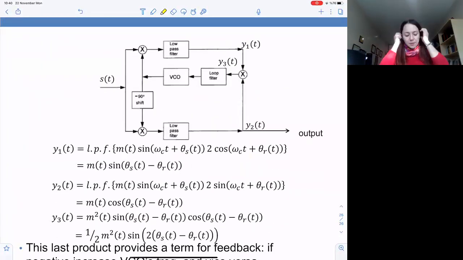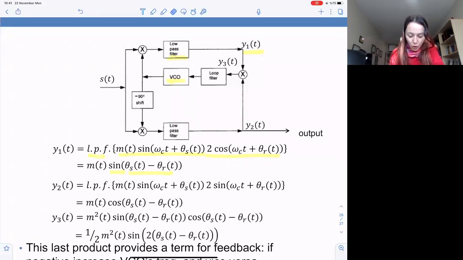Here is the analysis in more detail. Now, Y1 is a low-pass filtered version of the incoming signal times the VCO output, and that is going to be sine of theta S minus theta R. Now, ideally, this difference theta S minus theta R is small when the loop is in lock.